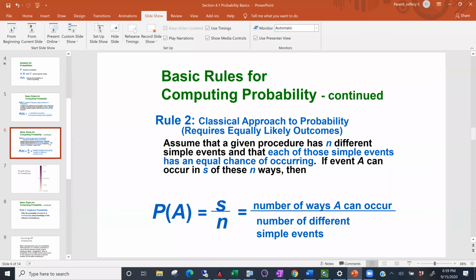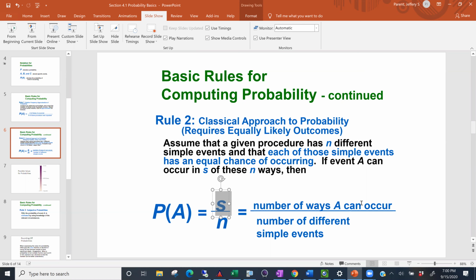Now going back to this part right here, this kind of gives us some insight into some bounds for probability, the minimum and maximum. Now the number of ways that an event can occur, what's the smallest number do you think that could be? What do you think the smallest number is that I could put up top?